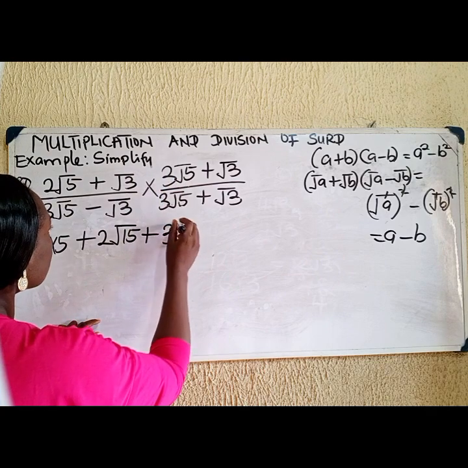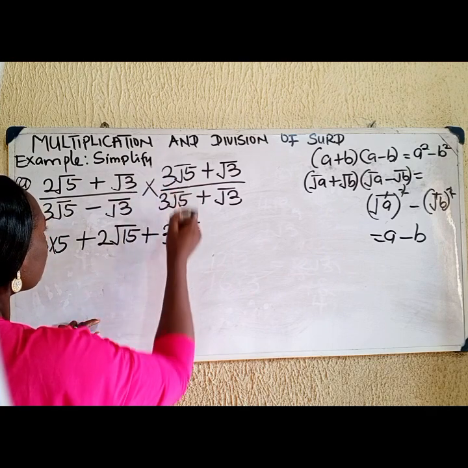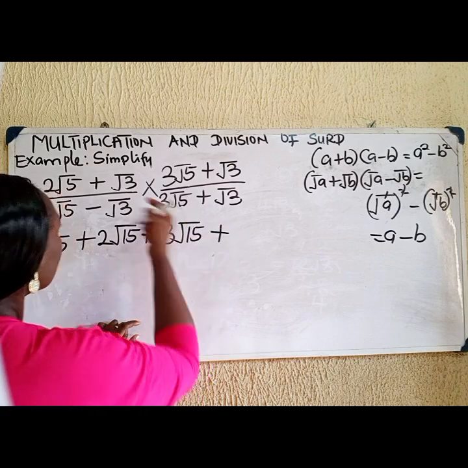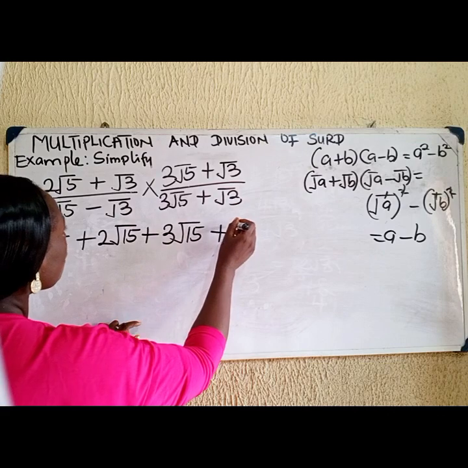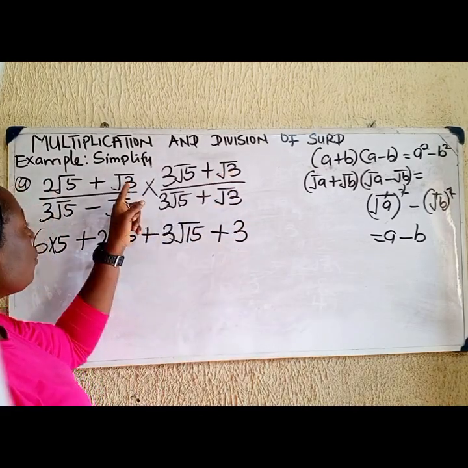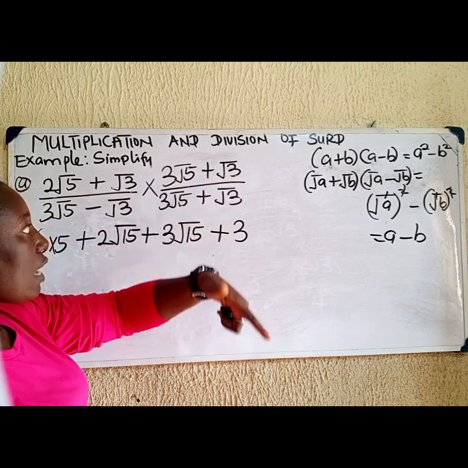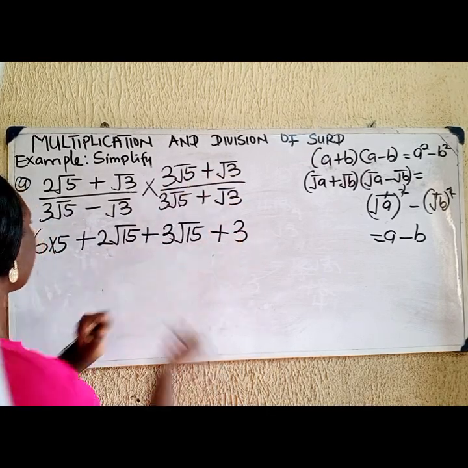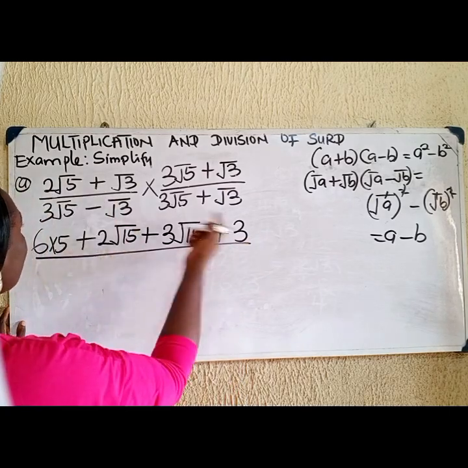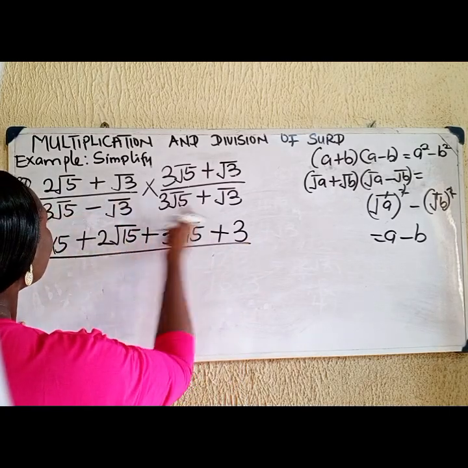I'll have 3 first into root 3 times root 5, which will give me root 15. Plus root 3 times root 3 is equal to 3. We have seen how these two give us 3. Root 3 times root 3 will give us root 9, and the square root of 9 is 3. All over, there is no need of multiplying the whole of this thing.